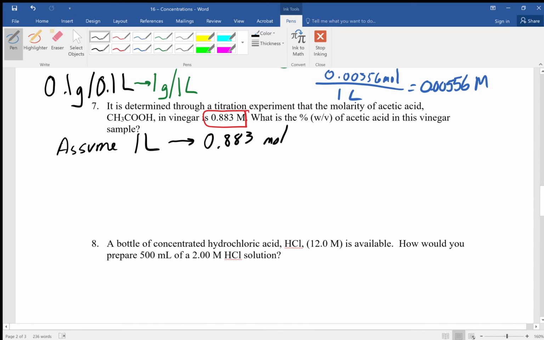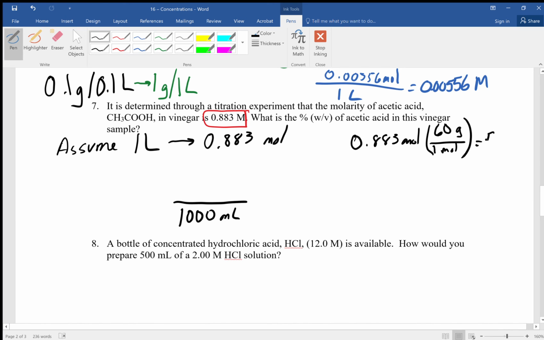Well, if I'm looking now for percent weight per volume, I'm going to convert that volume to milliliters. But then I need to convert my mass, 0.883 moles, into a mass. Acetic acid has a molar mass of 60 grams per 1 mole.